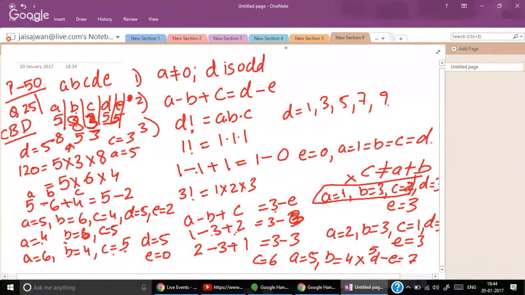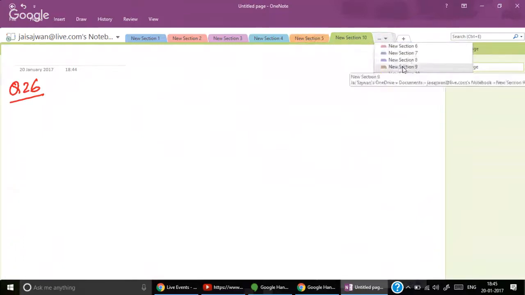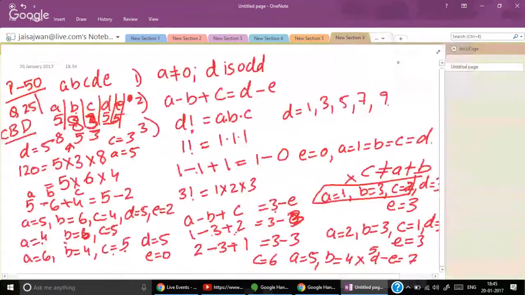Okay, let's take the next one then. The question number 26 is again asked. Which of the following is or are true if E is equal to 0 and D is equal to, okay, go back to the earlier question. I think it can be concluded from here only.